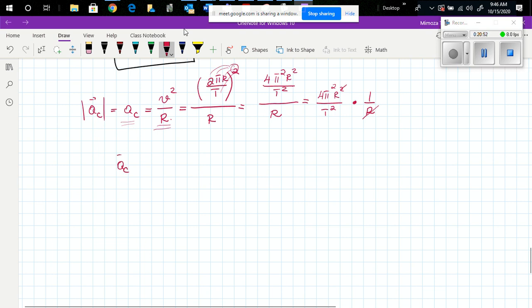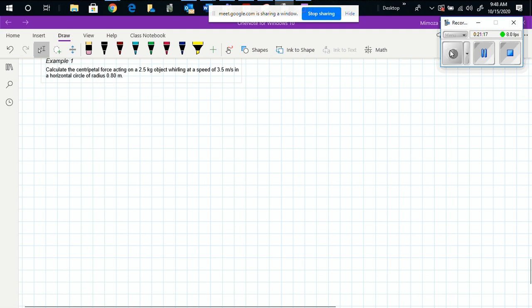And the magnitude of the centripetal acceleration is 4 pi squared r over t squared. This formula, along with v squared over r, is in your formula sheet as well. Please identify that formula in your formula sheet.